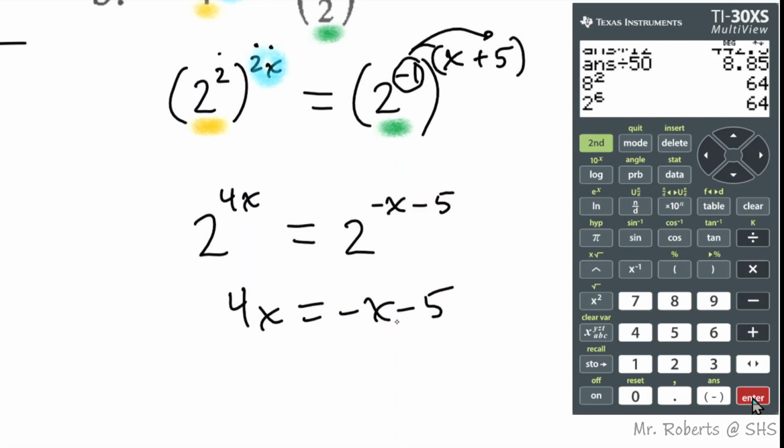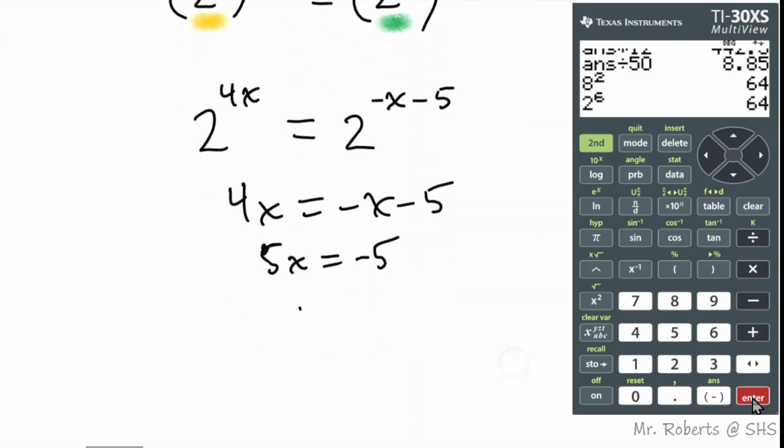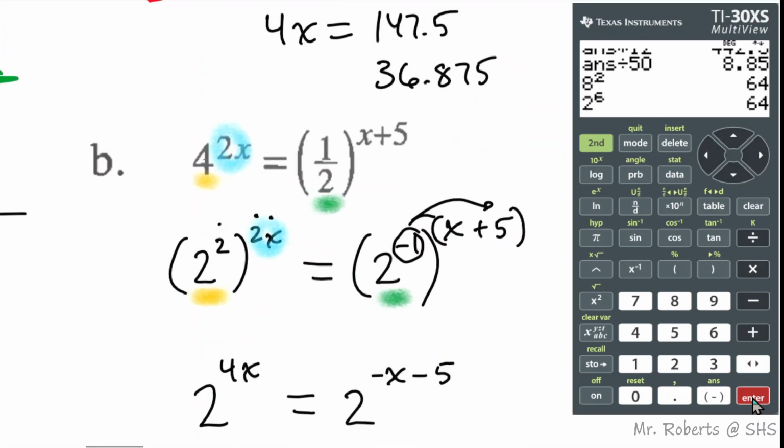Let me add x to each side. 5x is negative 5. Divide by 5. x is negative 1, I think. Let's check that against the original problem. Negative 1, store that into x. My calculator thinks that x is negative 1.